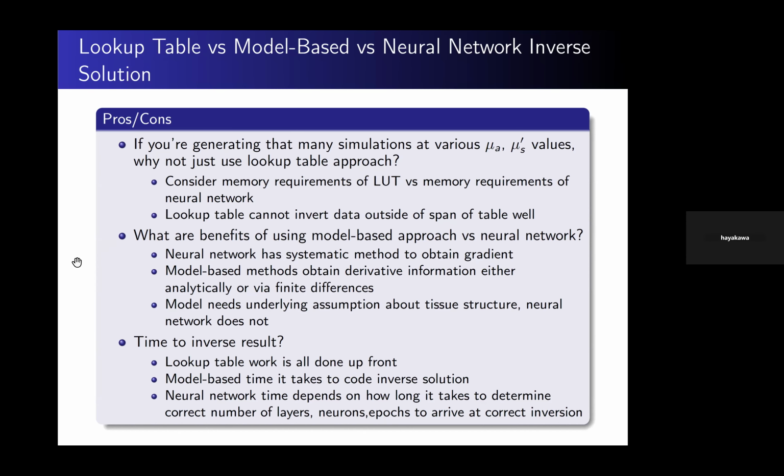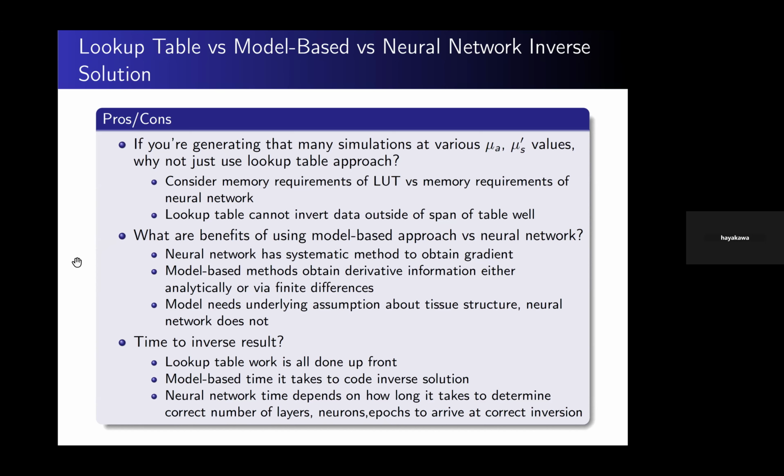So I wanted to go through why you would use all these different methods and what the benefits are. If Xinghao is making all of those forward predictions based on a grid of mu A and mu S prime values, why didn't he just use table lookup instead of going through all this neural net?